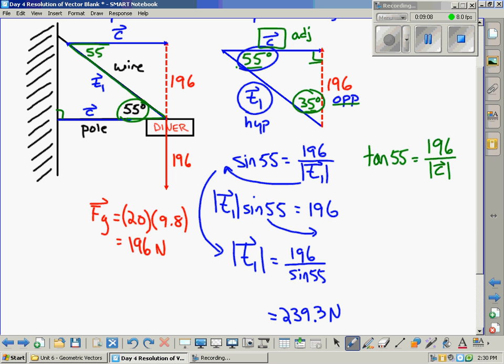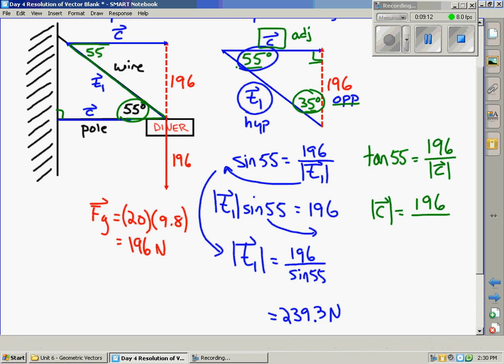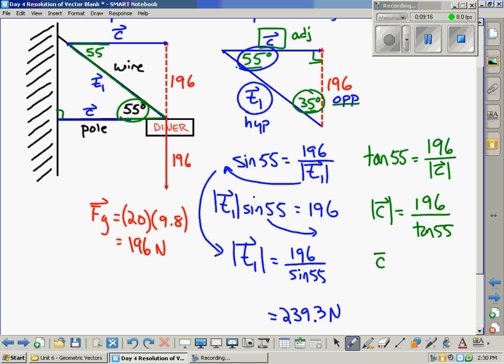Again, bring the C up and take the tan down. Punch that in our calculator, and we get 137.2 newtons.